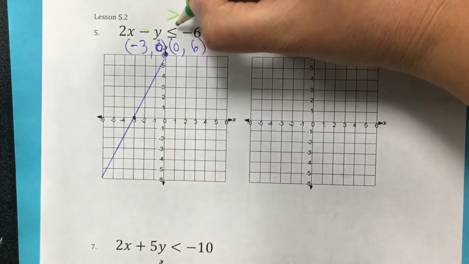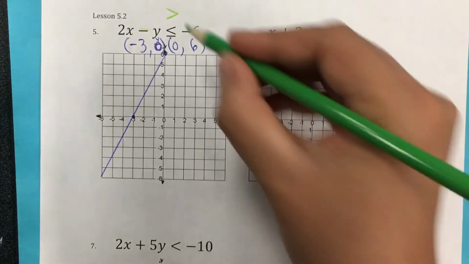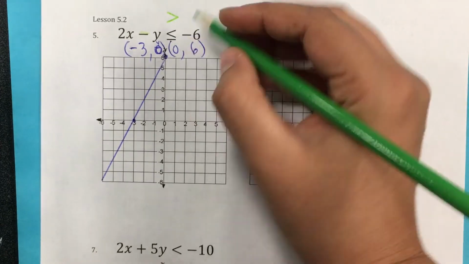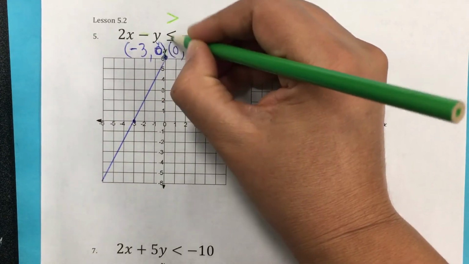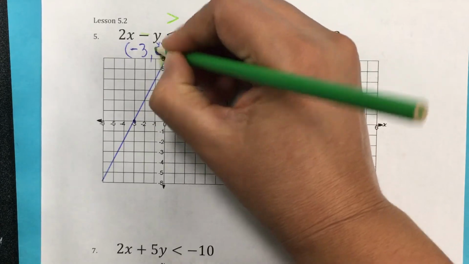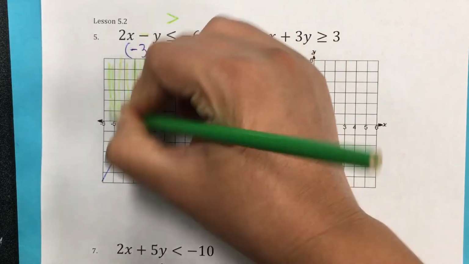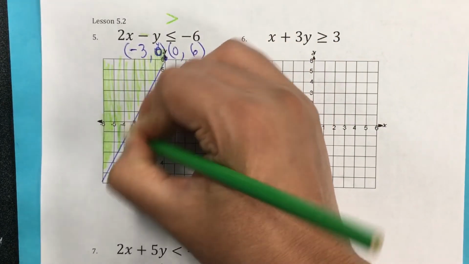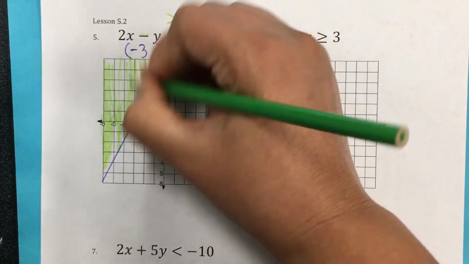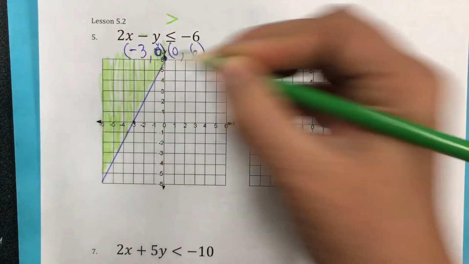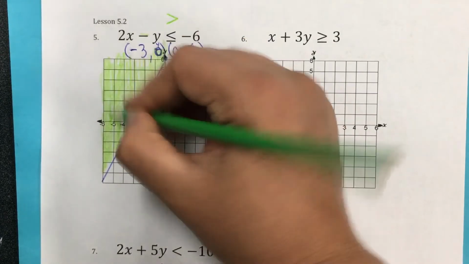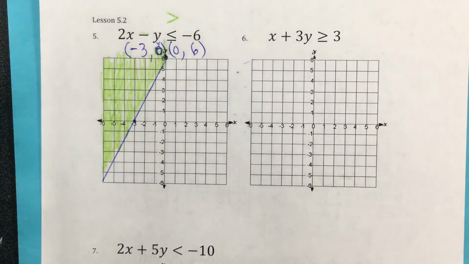We put greater instead of less. We always switch it. So greater is above the line. Oh, but I don't have it in here, but I know that this is right here, okay? Above the line. And this includes the points on the line because it's solid, because it has the equal sign.